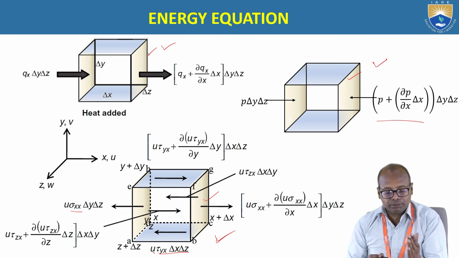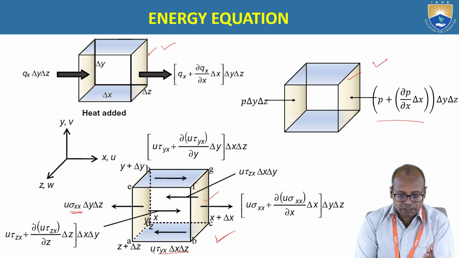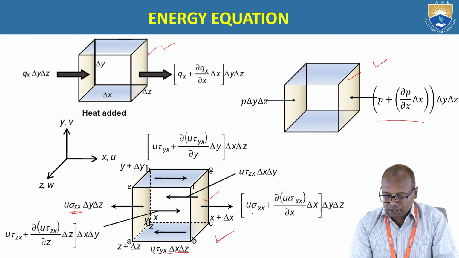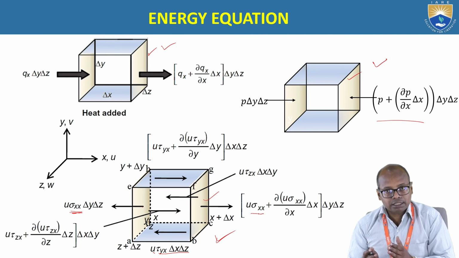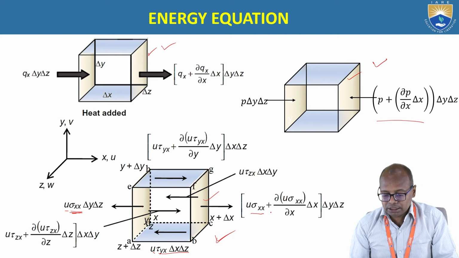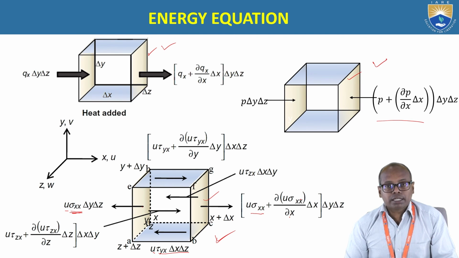Now sigma xx is the normal stress on the left side of the element. On the right side, the normal stress is sigma xx plus dou by dou x of u sigma xx. Both u and sigma xx are changing in the x direction, that is why we have taken the partial differentiation of u and sigma xx.